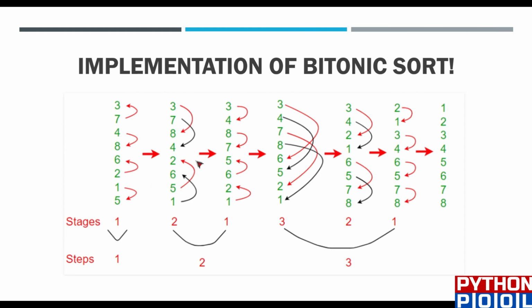In this way it continues swapping until a fixed interval. First it swaps adjacent values, then values one apart, then once again adjacent values, then after two values. In this way, by swapping and sorting, it sorted our list, which is 1 2 3 4 5 6 7 and 8.